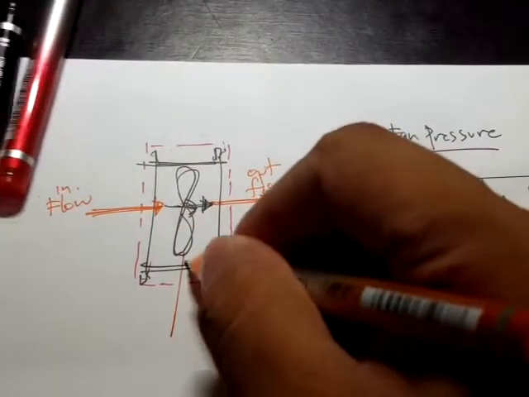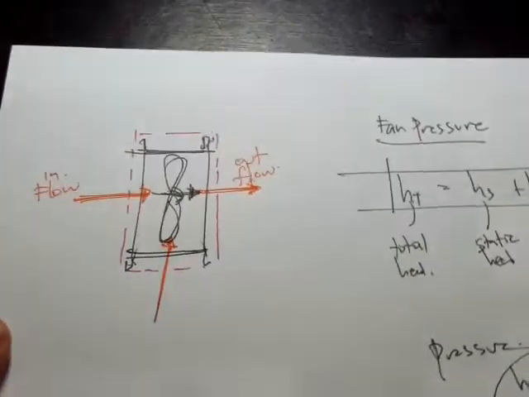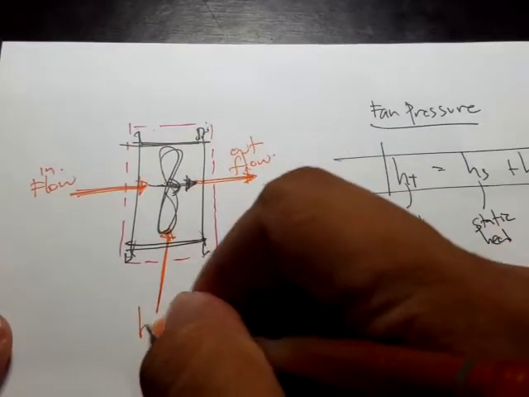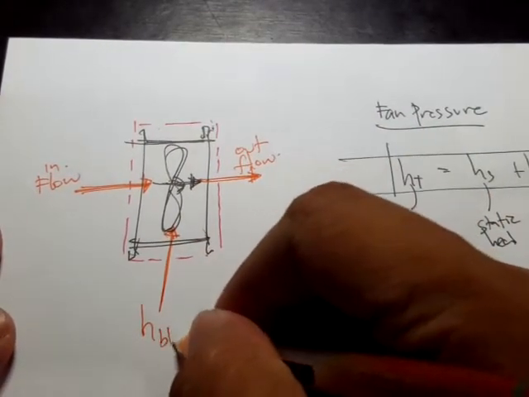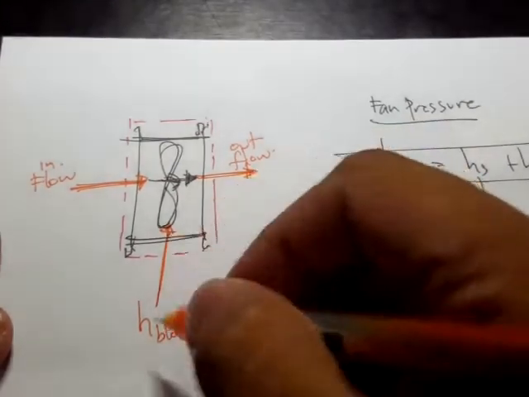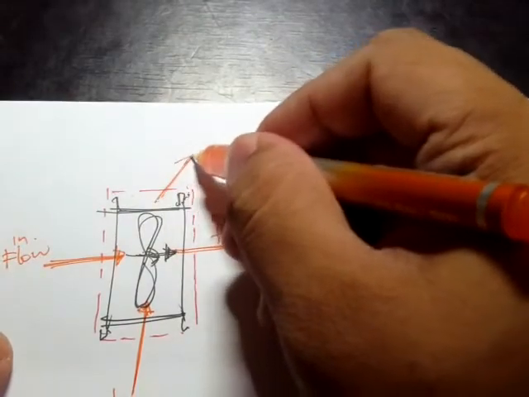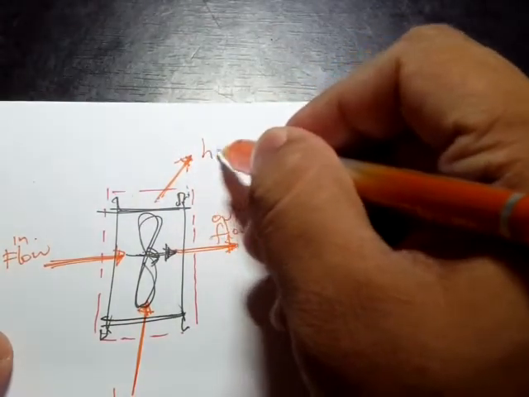right? So I mean pressure in terms of this fluid flow. Anyway, there's going to be some input of energy or head. So let's just write there H blower, and of course there's going to be losses. So let's say here's our loss HL.